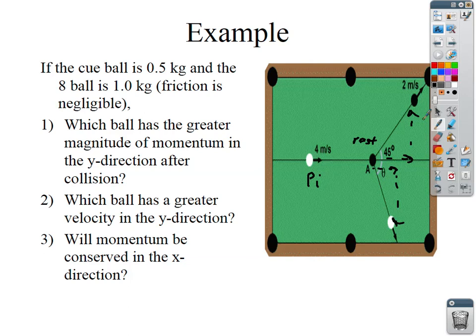So let's look at this. Which ball has the greater magnitude of momentum in the y direction after the collision? Well, let's think about it. What is the initial y momentum of the cue ball? The initial y momentum of the cue ball is 0. So the total final y momentum has to come out to 0, which means, what can you tell me about the py of the 8 ball and the py of the cue ball?